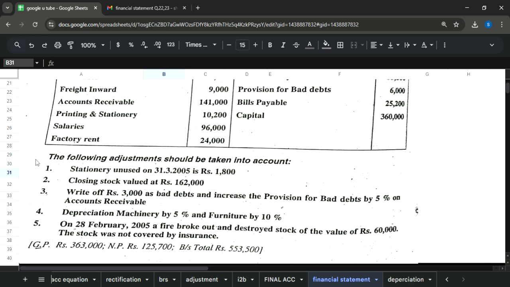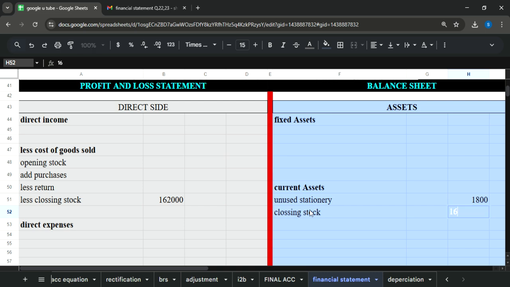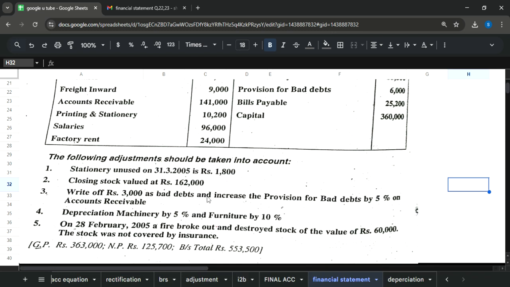And we are talking about this closing stock, 162,000. The amount would be written over here. And for the second effect, you will write this closing stock over here, 162,000. Alright guys, so two adjustments are completed, and we have seen each adjustment has two effects.